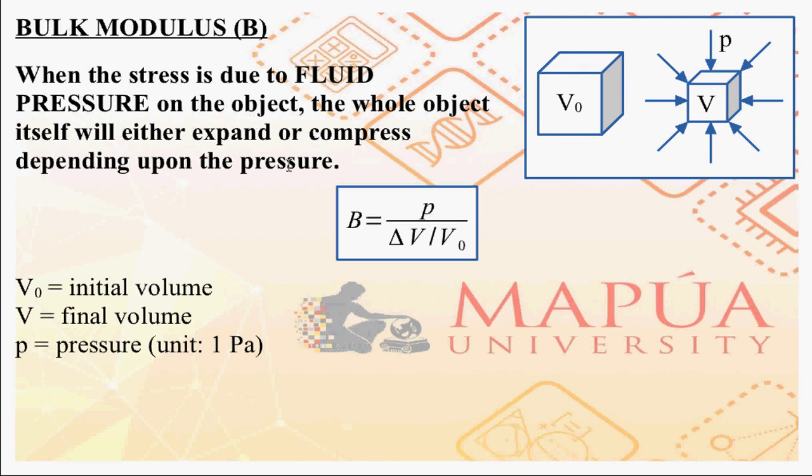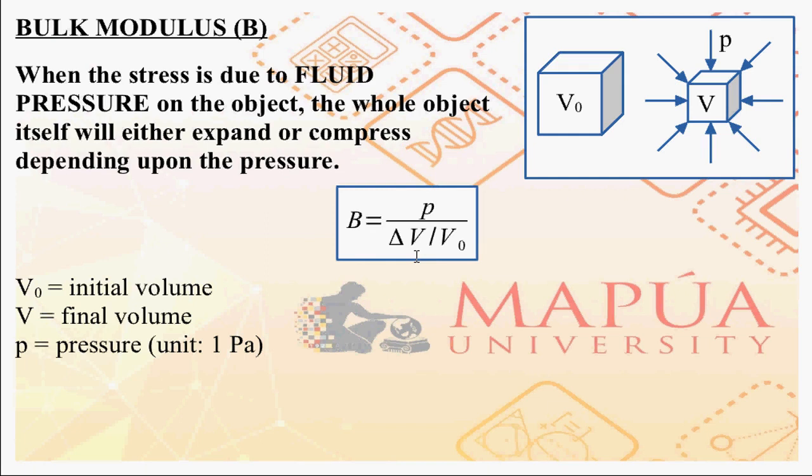When the stress is due to fluid pressure, the whole object will either expand or compress, contract, depending on the pressure P. Since the volume will change, you have bulk modulus B. B is equal to stress over strain.